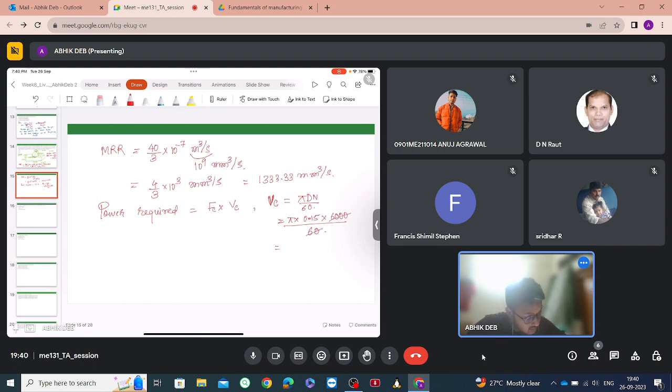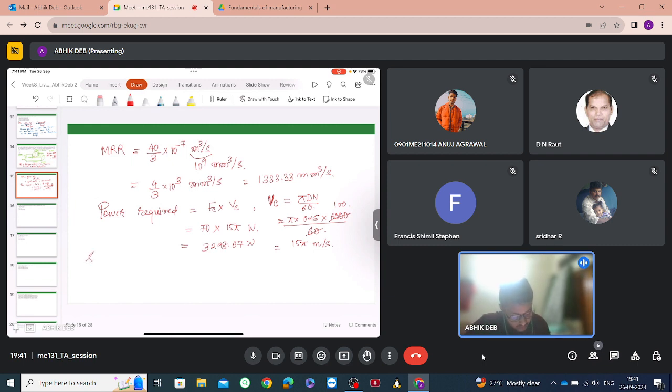This is 15 pi meter per second. The cutting force is given as 70 Newton multiplied by 15 pi. This will give the result in watt, that is Newton into meter per second. Newton meter is joule, so joule per second is watt. So the answer here is 3298.67 watt, or joule per second.